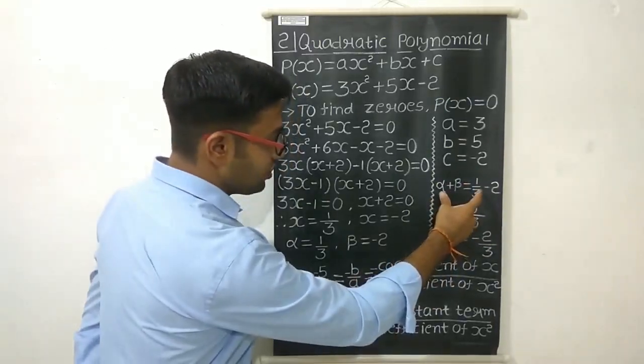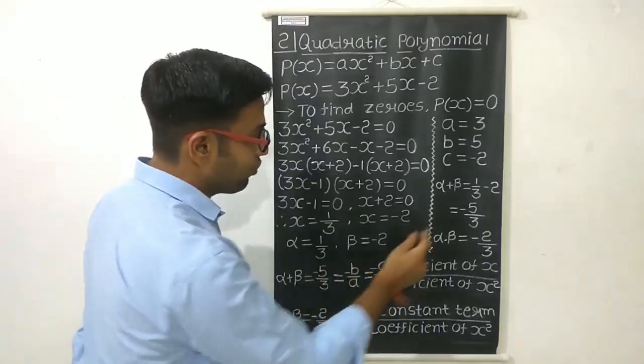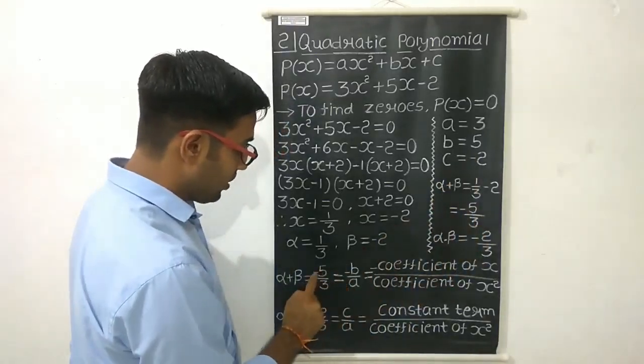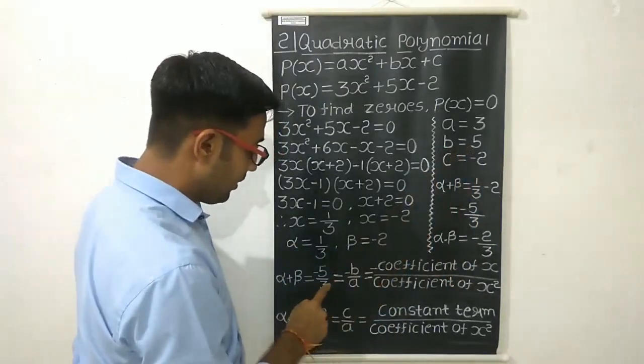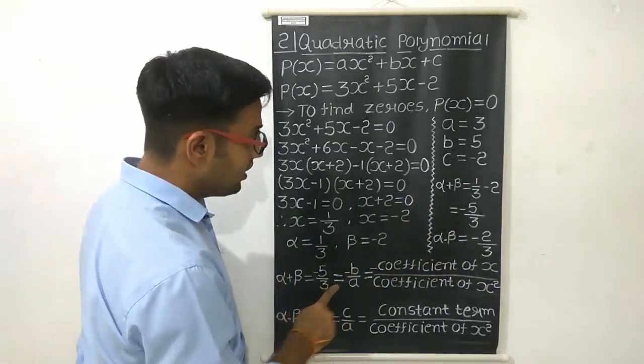So what is the first relation? Alpha plus beta is equal to minus 5 upon 3. Now what is 5? You can see that 5 is the B, so we can put it down as B. What is 3?